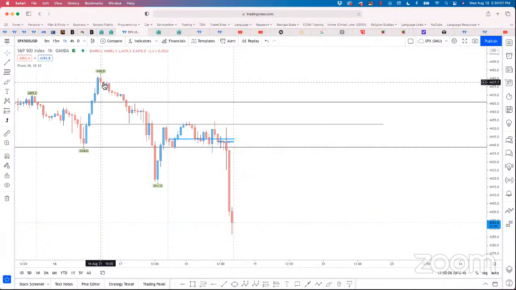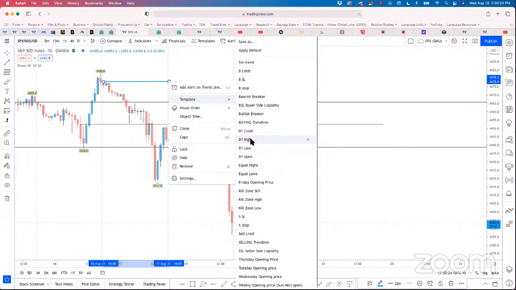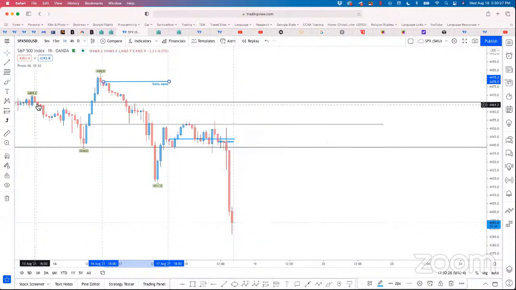The opening for yesterday was right here. Opening for the day before was right here.